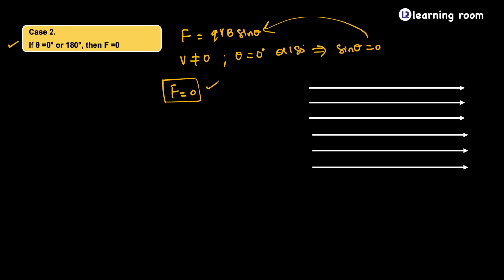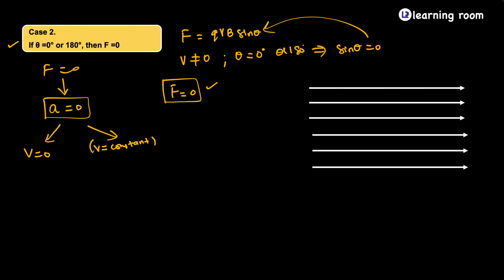Force will be 0 in two scenarios. When is it? See, when force is 0, the biggest conclusion you can draw is that acceleration is 0, because force is equal to mass into acceleration. But acceleration can be 0 in two scenarios. What is it? When the velocity of the particle is 0 or the velocity of the particle is constant.